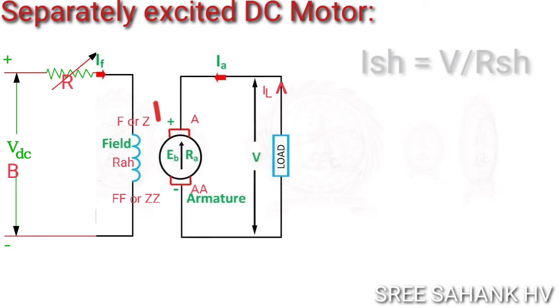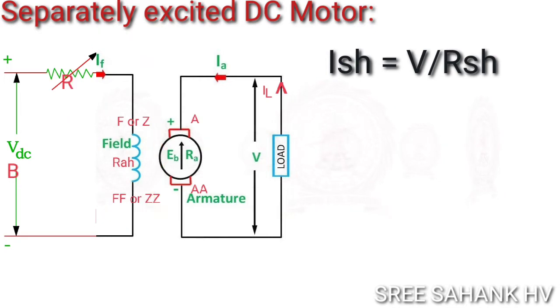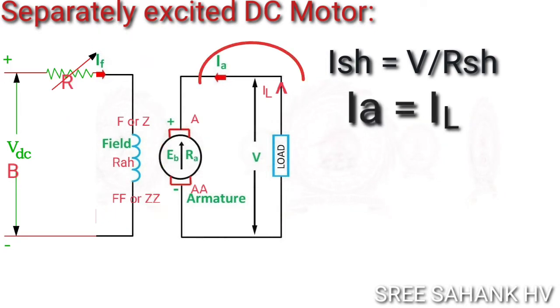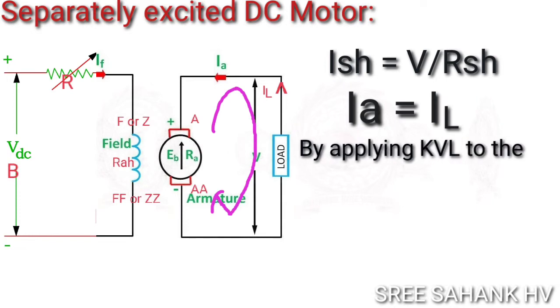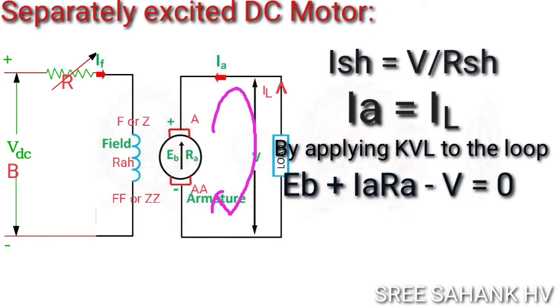So here current and voltage equations are ISH is equal to V by RSH by Ohm's law. Here IA is equal to IL because both are in the same direction. By applying KVL to this loop we get EB plus IARA minus V is equal to 0.